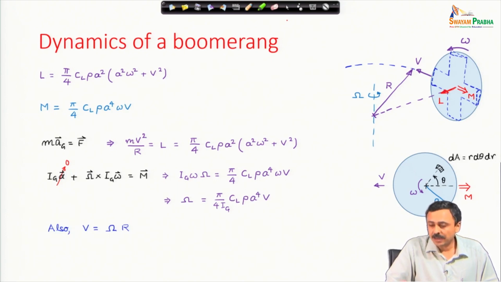Now, we know that the velocity with which this boomerang is going to move on that curved path, v must be omega times r.